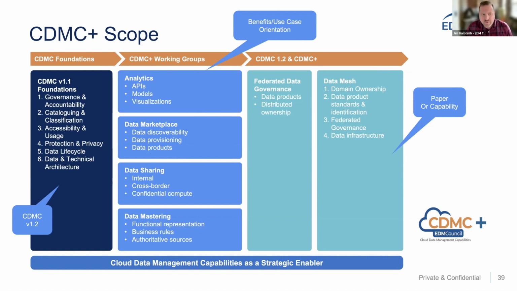With the actual working groups that we have in play, we're covering analytics, data marketplace, data sharing, and data mastering. Federated data governance is about ready to get launched as well. And then we have data mesh in here. We don't know exactly what that's going to be or where it's going to go.